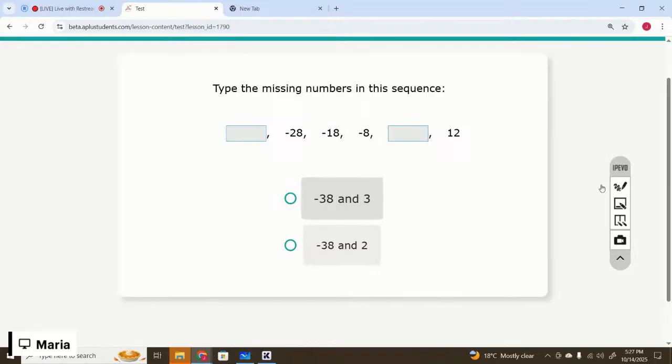That is negative 38 and 2. Option number 2 is the correct option.